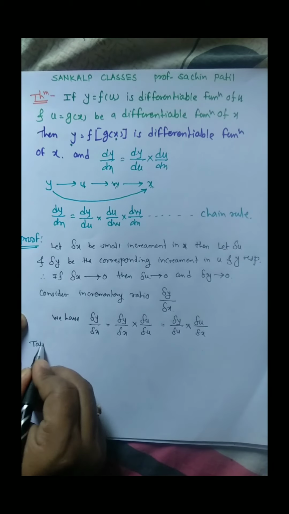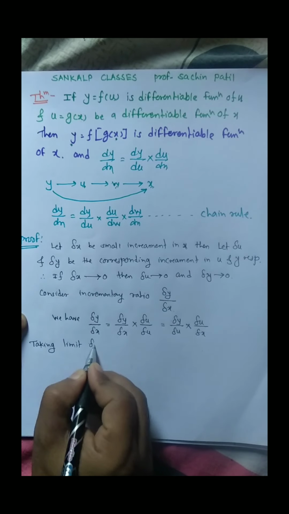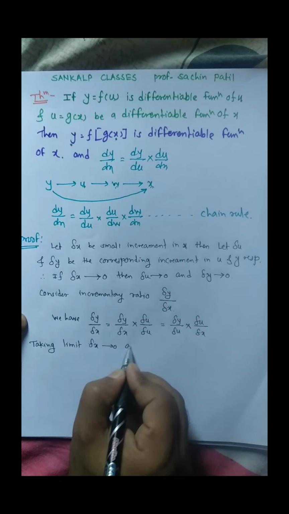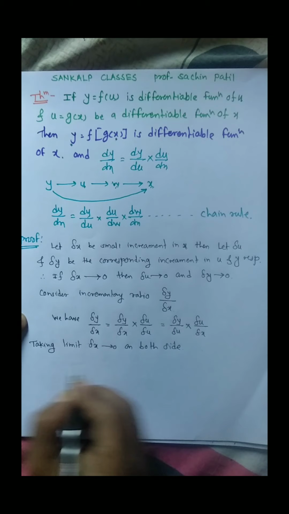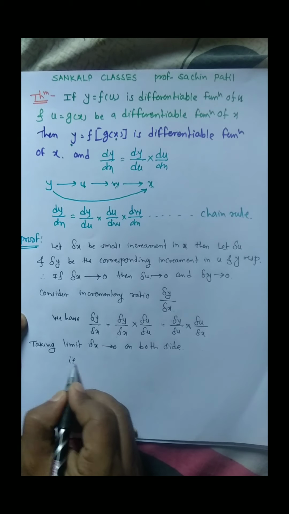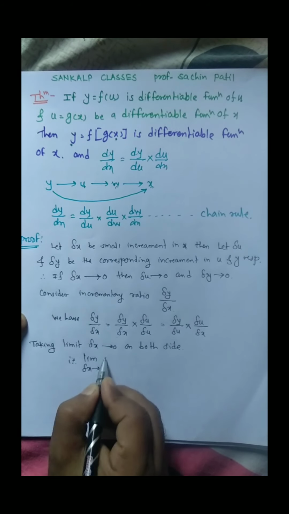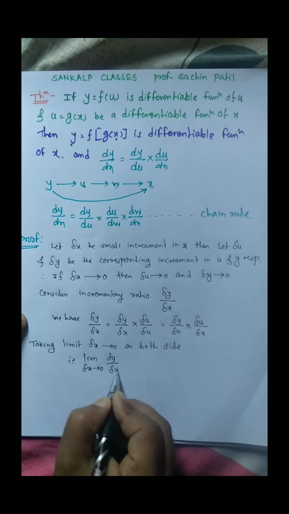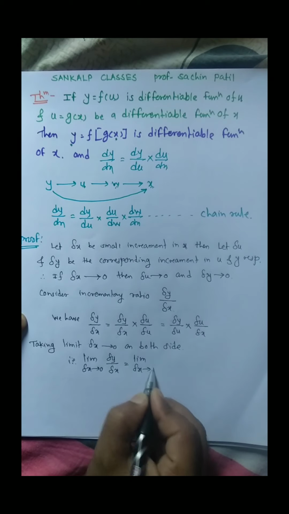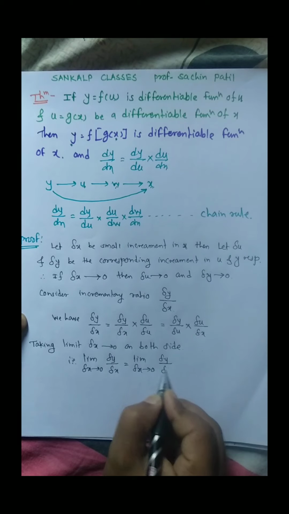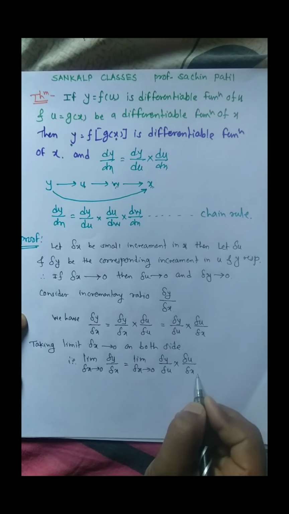Taking the limit delta x tends to 0 on both sides, that is, limit of delta x tends to 0, delta y divided by delta x is equal to limit of delta x tends to 0, delta y divided by delta u into delta u divided by delta x.